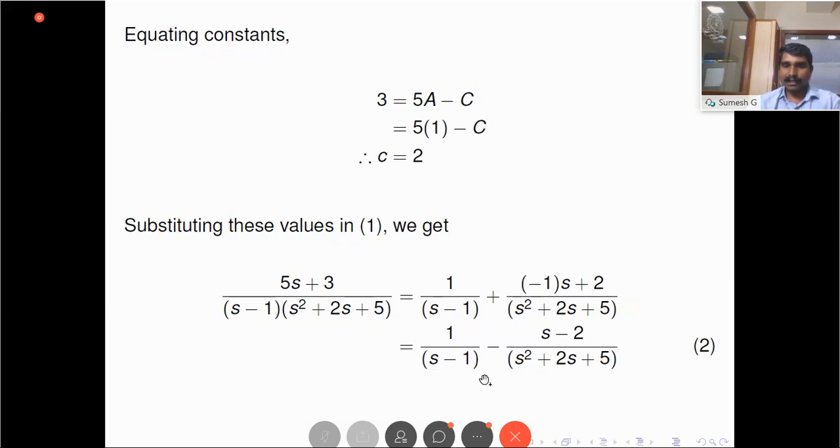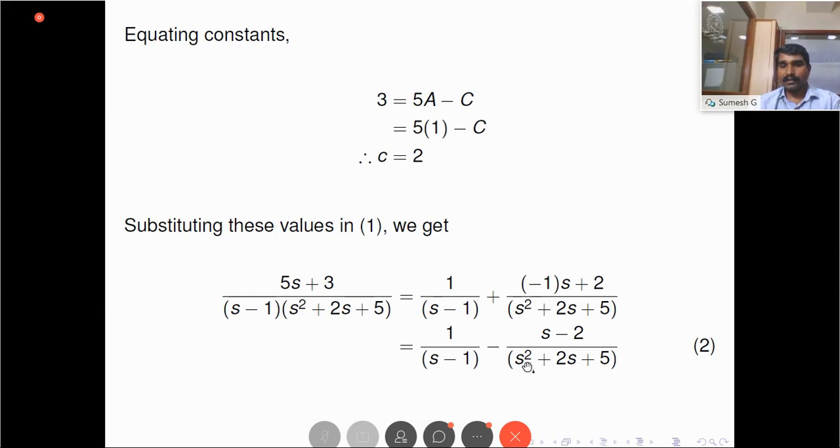The inverse of the first expression can be directly found. Consider the second expression. Here the denominator is a second degree term which does not belong to the standard format. It is not factorizable either. So we have to apply the format like the last problem.